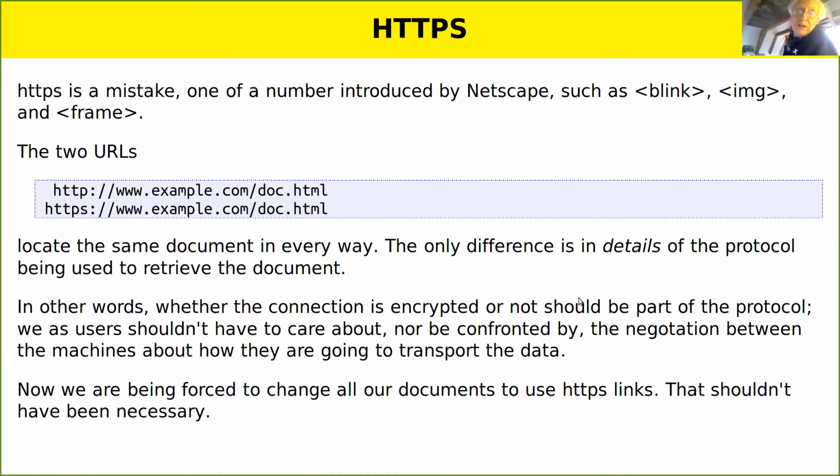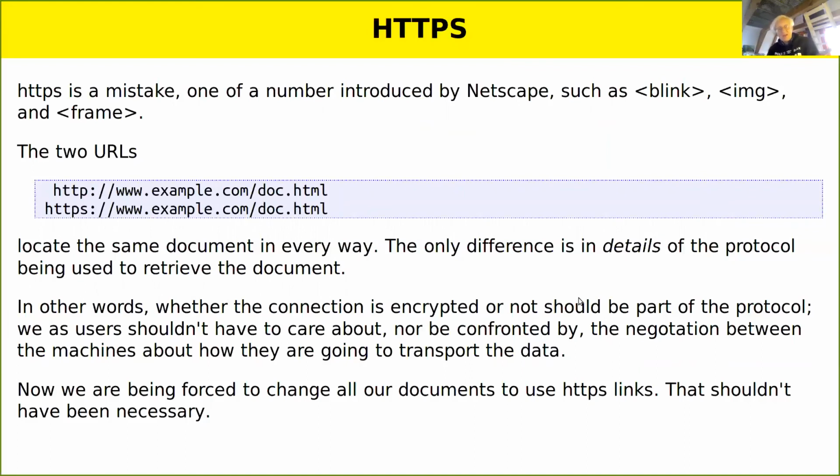Frankly, the two URLs, HTTP whatever or HTTPS whatever, locate the same document in every way. The only difference is in the details of the protocol being used to receive the document. In other words, whether the connection is encrypted or not should be part of the protocol and not part of the scheme.